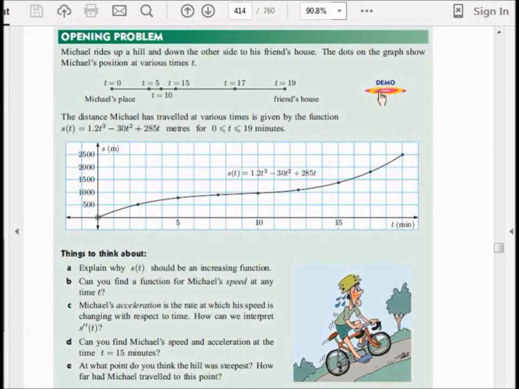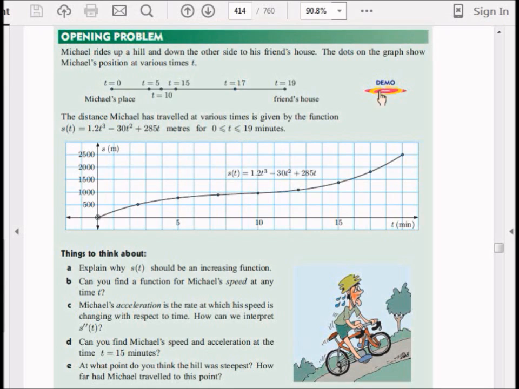Okay, right away we have this opening problem in chapter 17. Michael rides up a hill, he's on his bicycle, rides up a hill and down the other side to his friend's house. So we can imagine what's going to happen here. It's going to take him longer to ride up the hill than it does to ride down the hill on the other side.